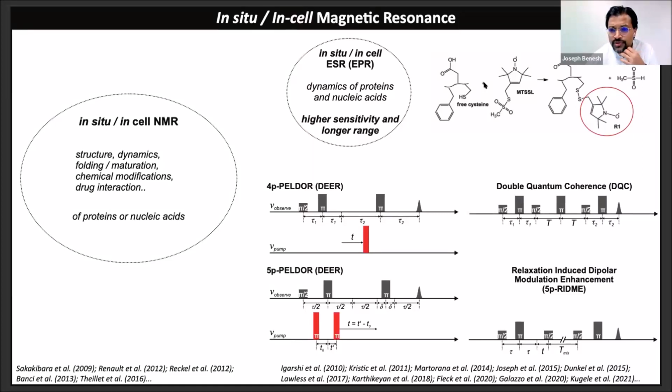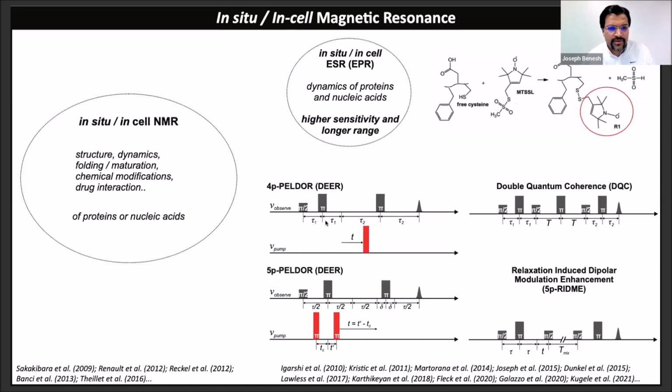Most of the proteins are intrinsically diamagnetic. That means we have to introduce a spin label, usually through reaction of a thiosulfonate or maleimide functionalized spin label with an introduced cysteine. Of course, genetic encoding is coming as an option, but it's still not at a stage to replace this labeling strategy.